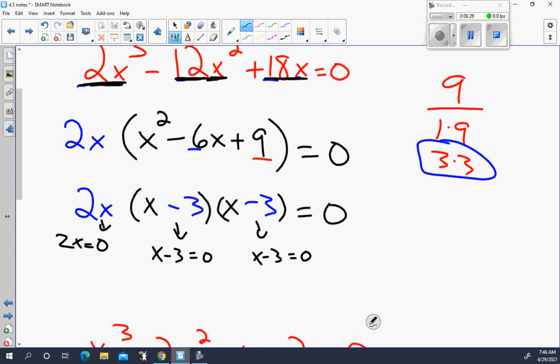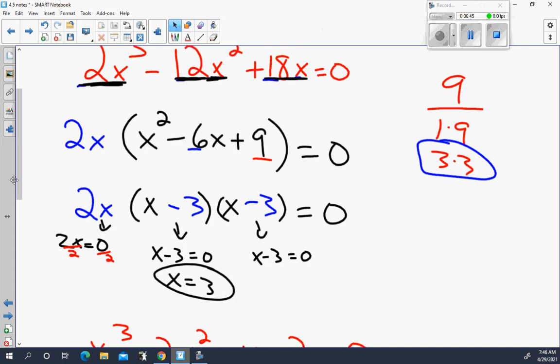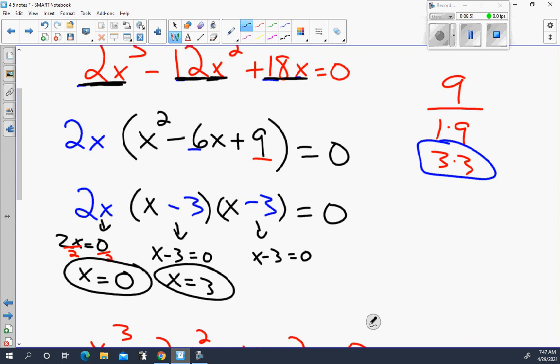Add 3 here, we have x equals 3. Add 3 here, so x equals 3. Okay, so we only need 1 x equals 3, we don't need 2. But over here with this 2x equals 0, how would I solve it? Divide by 2, divide by 2. So we're left with x equals, what's 0 divided by 2? 0. So x equals 0, x equals 3.